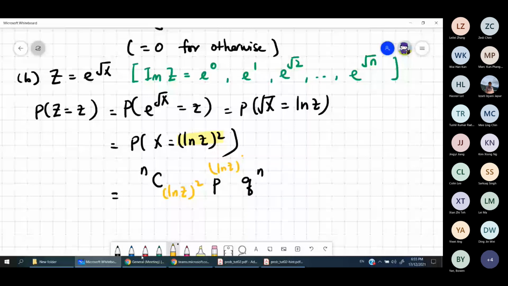So again, this is for your z values e to the 0 up to e to the power of n, and 0 otherwise.